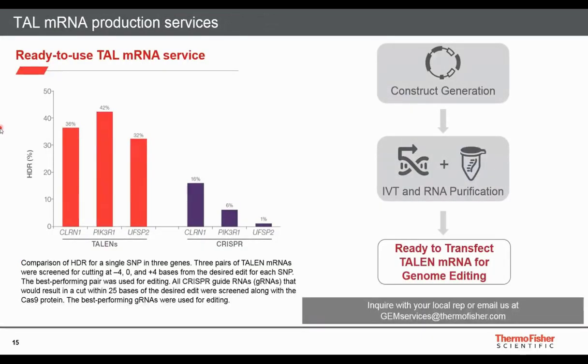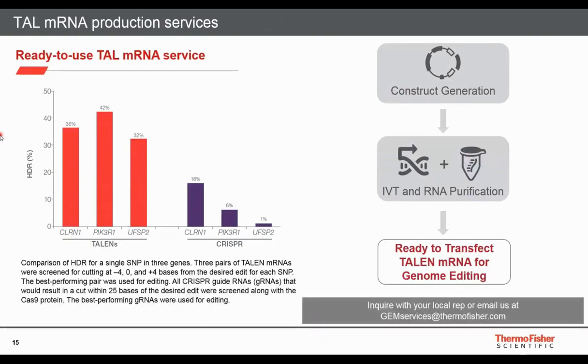As these have proven to be a useful tool for knock-in editing, we've recently developed a TALEN mRNA production service to make ready-to-use TALEN mRNAs for genome editing. And again, here, some data summarized demonstrating the percent HDR improvement with TALENs versus CRISPR. We have now developed this service that's going to allow users to get access to this technology easier.